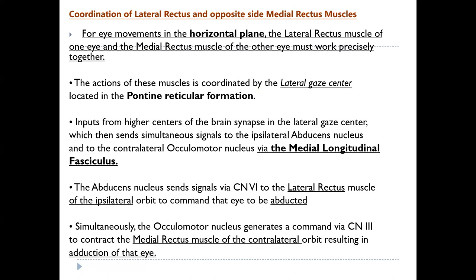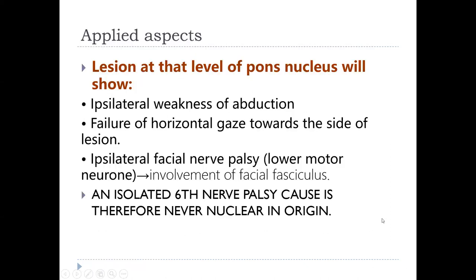Therefore, we get a coordinated movement between the left eye and the right eye, which is very important, which explains why when you have lesions, the movements which may affect one eye may not be affecting the other eye. So these are all in coordination with the higher center, the lateral gaze center.